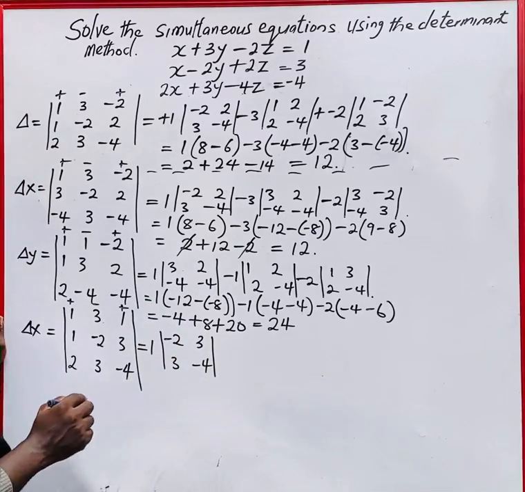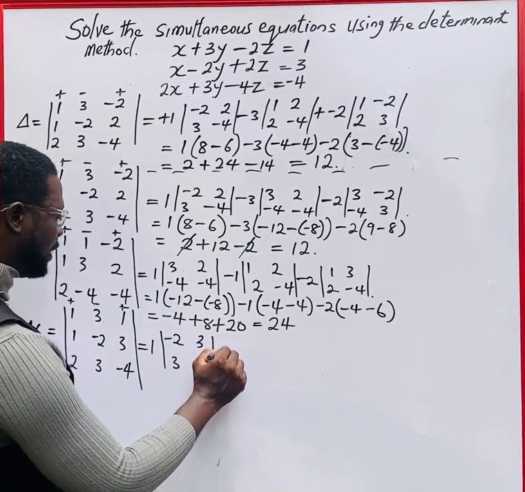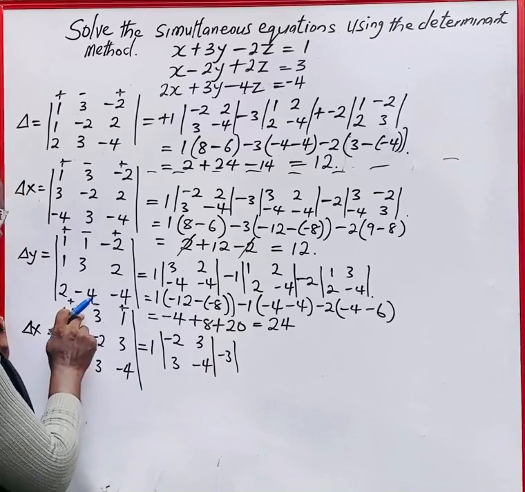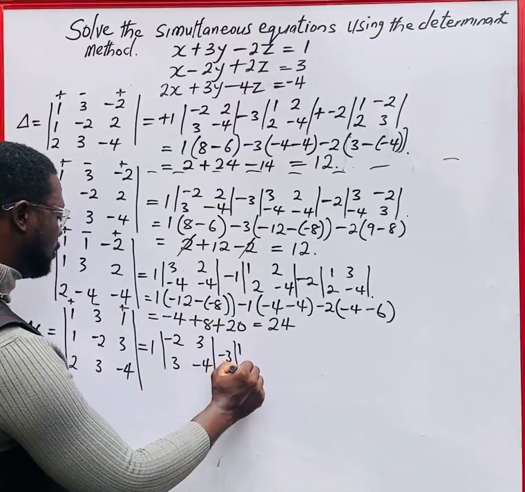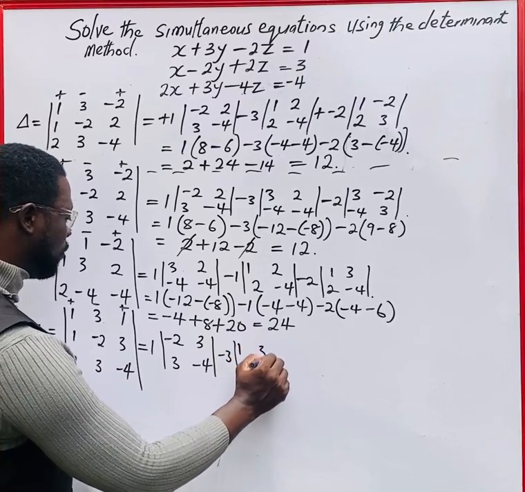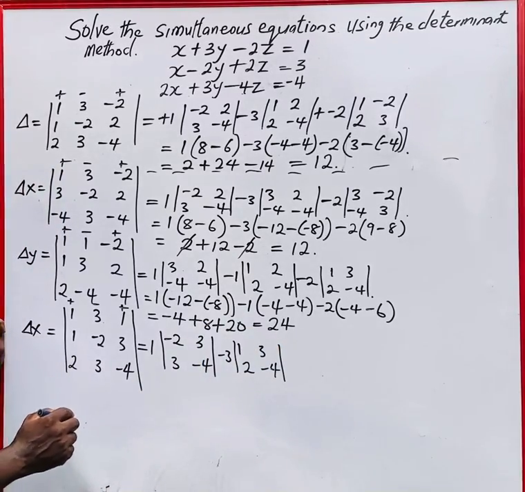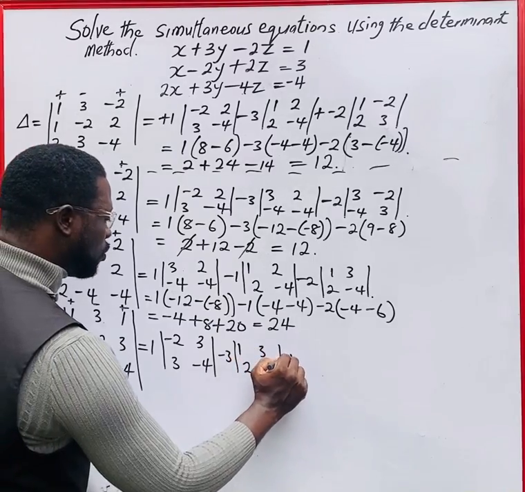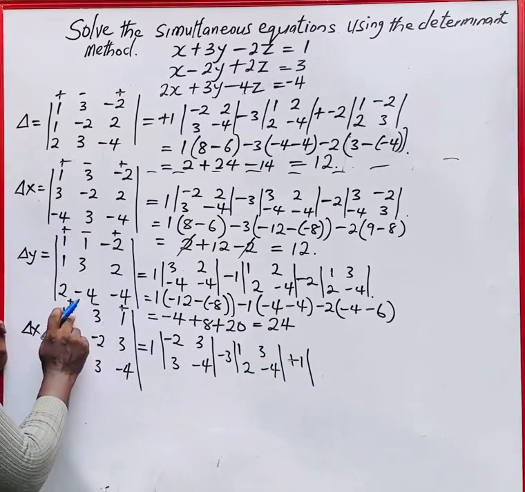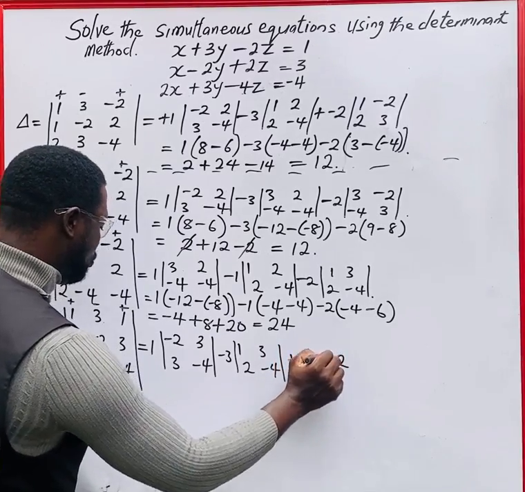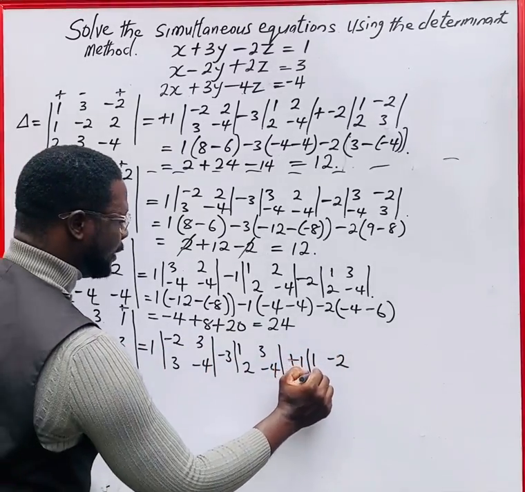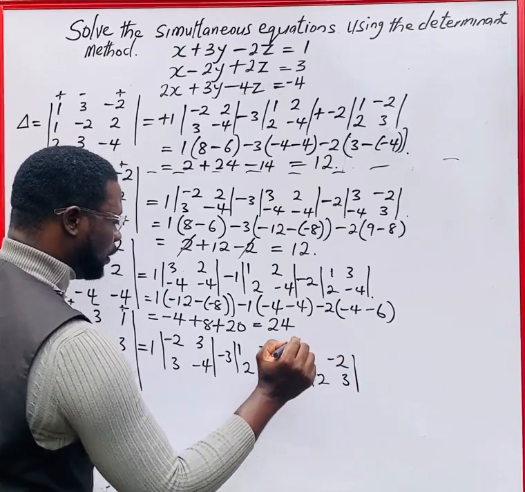So let's go for the next one, which is minus 3. Minus 3 will close the second column, the first row. We have 1, 2, 3, minus 4. All right. So we are moving. Let's go to the last one, which is plus 1. Close here, close here. We have 1, minus 2, 2, and 3.